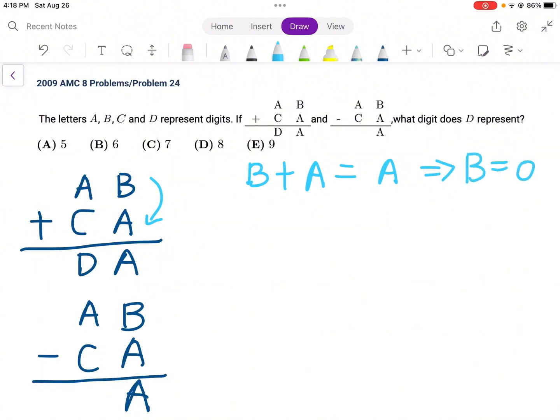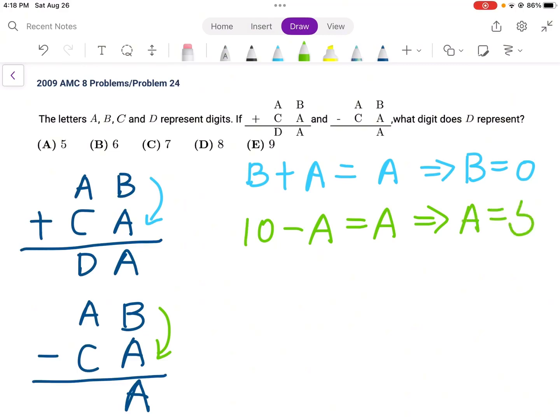Therefore, from the second equation, we get 10 subtract A equals A, and we get A equals 5. Therefore, A is 5 and B is 0.